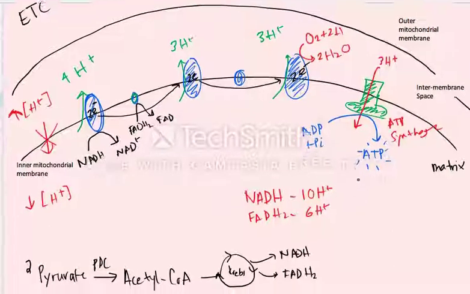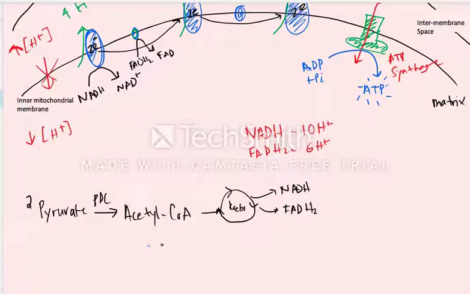This method of production of ATP is called oxidative phosphorylation. So oxidative because it is due to the oxidation of the electron carriers, and phosphorylation because the ADP is being phosphorylated.